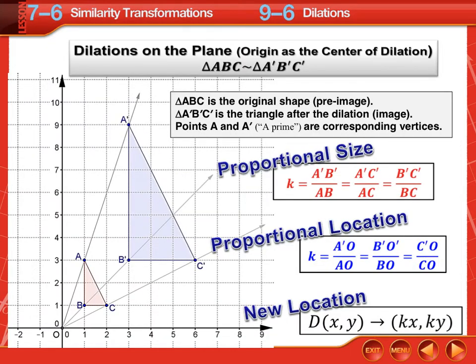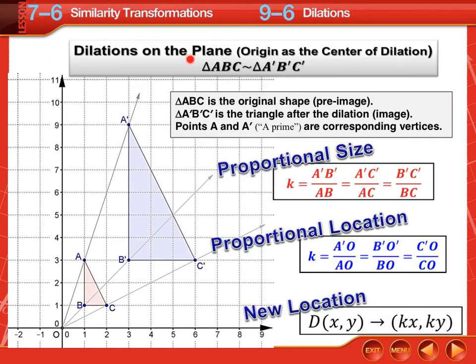So by convention, I want to introduce you to a new notation here. We tend to show the before and after by using the same labels and just using what's called these prime symbols. So here we have two triangles, and they are proportional, although we'll take a look at that and prove that in a second.